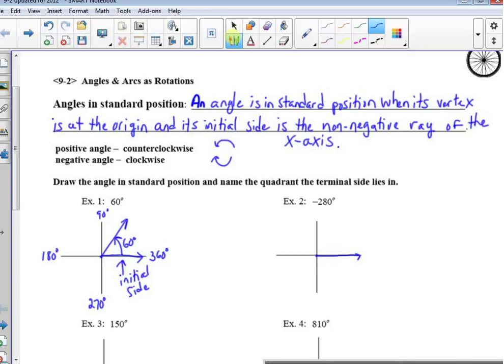We'd be going negative 90, negative 180, negative 270, and then negative 360. I'm going clockwise now, so you're just going the opposite direction. So negative 280 is over here, but you include this thing called a directional arrow so that somebody doesn't think this is also 60 degrees.